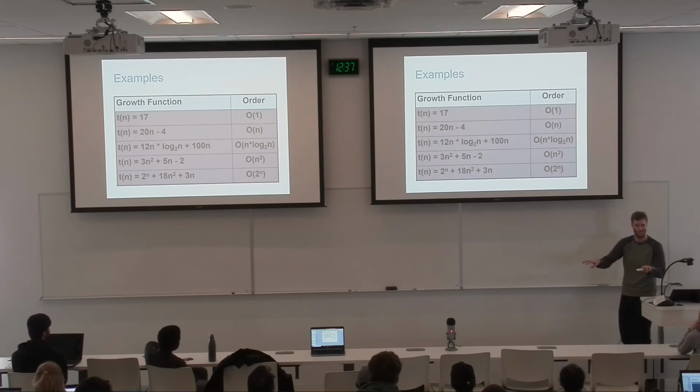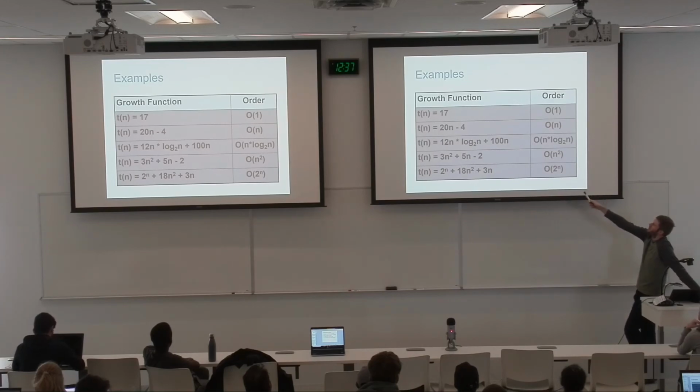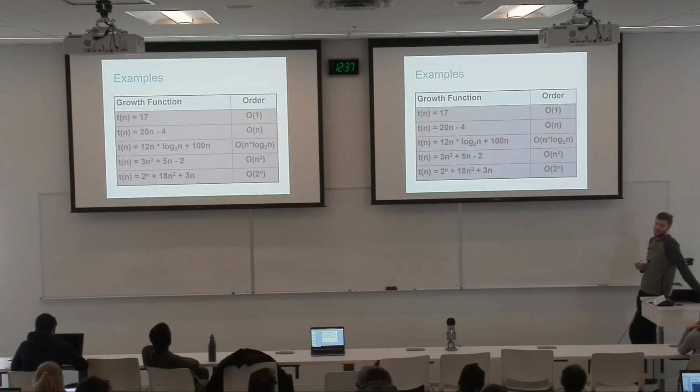That means constant. If T of n is 20n minus 4, order n. Why? Well, because who cares about the constant? Who cares about the lower powered term? In this case, n to the 0, I guess. 12n times log n plus 100n.